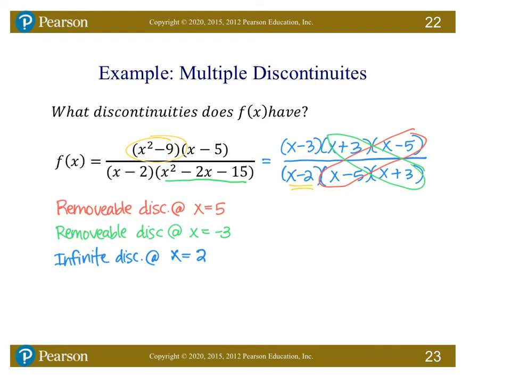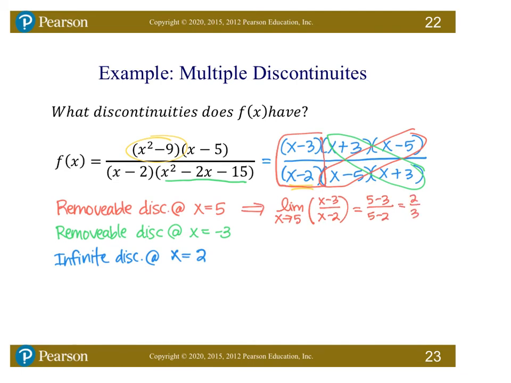So I'm going to find the limit as x approaches 5 of the function. And what's left of the function is x minus 3 over x minus 2. That's all that's left. That's this part of it here. So I'm going to plug 5 in. 5 minus 3, 5 minus 2. That gives me 2 over 3.